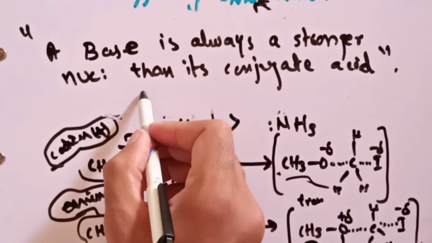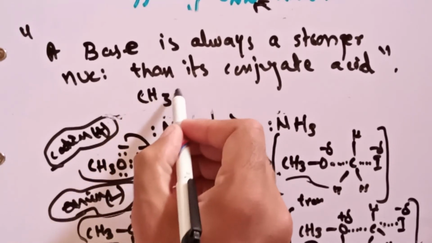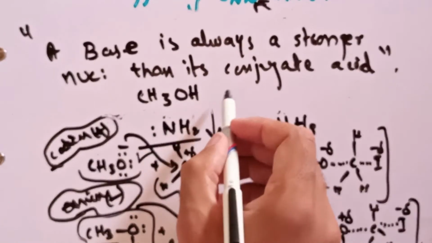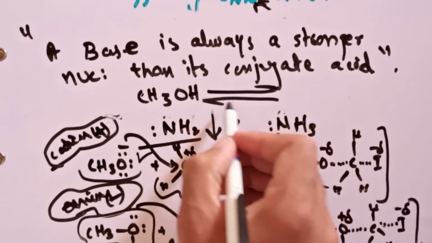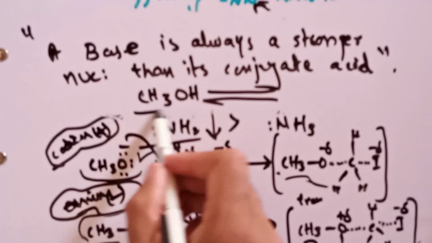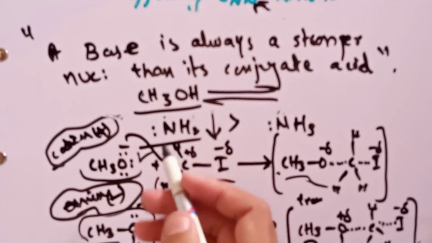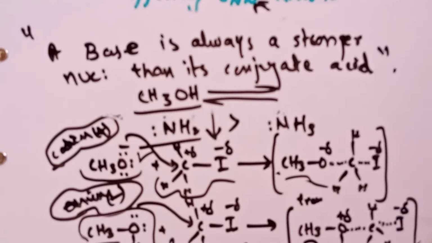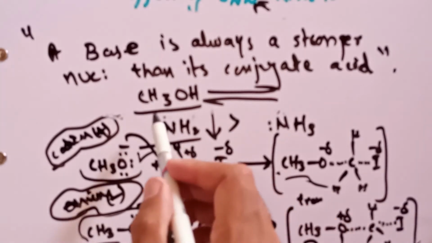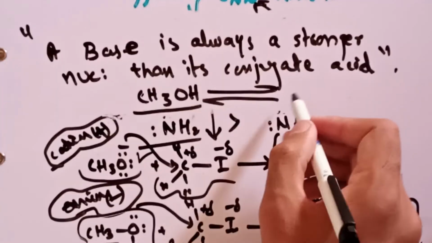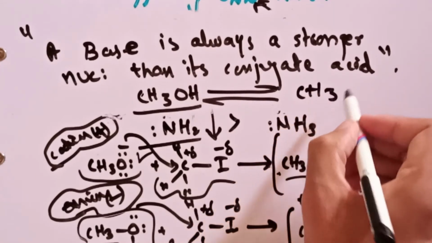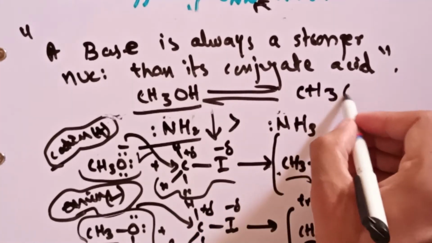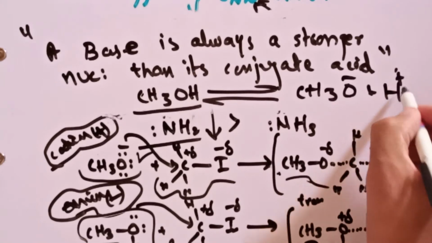What does this mean? When CH3OH, that is methanol, loses one hydrogen, it acts as an acid. According to Bronsted theory, those species that can donate a proton act as an acid, while those species that can accept a proton act as a base. So when this species loses a proton, it gives us the conjugate base, O negative plus H positive.